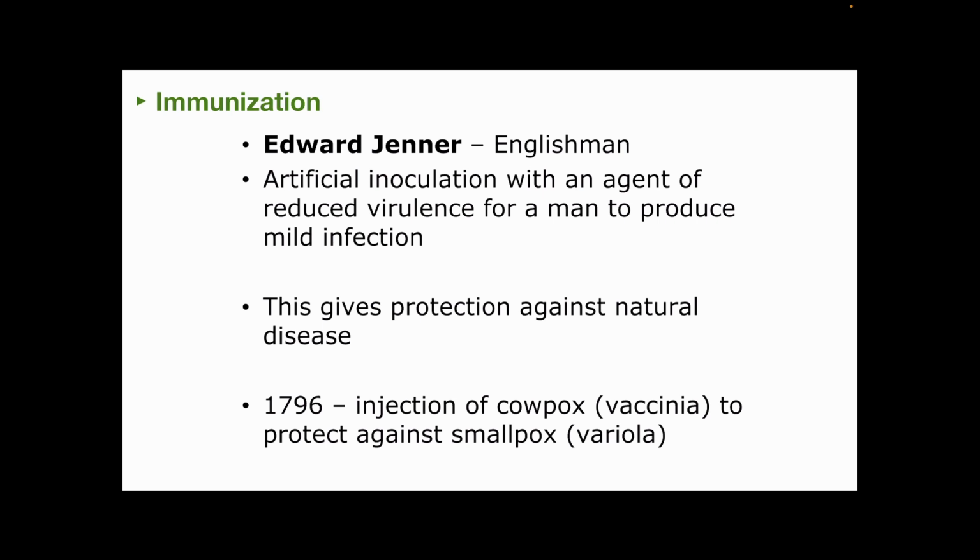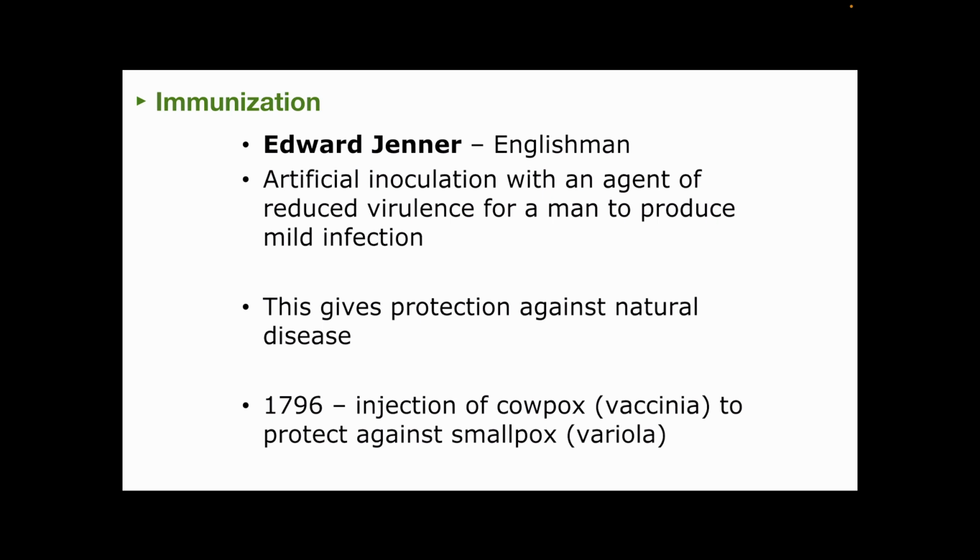For example, if you give a weakened form of hepatitis virus into a man, he says it's not going to cause the whole disease in a man, it's rather going to cause a milder form of the infection. However, the person is also going to receive protection against the disease should the person catch the disease later on in life. This was the beginning of immunization.